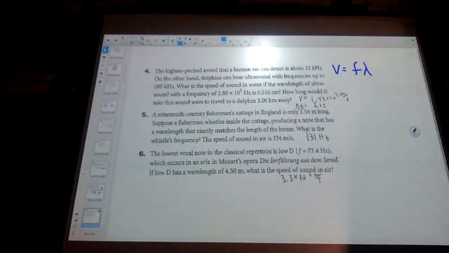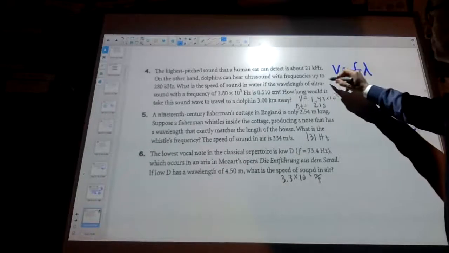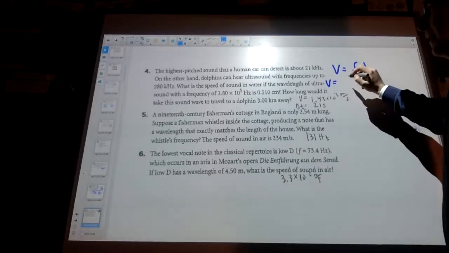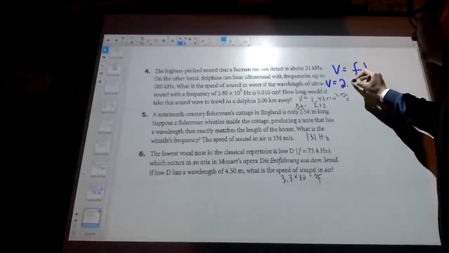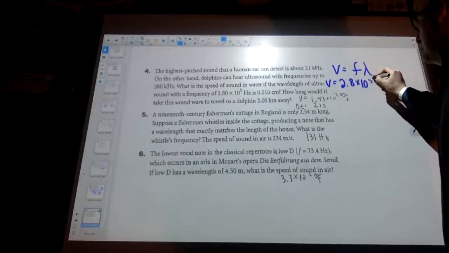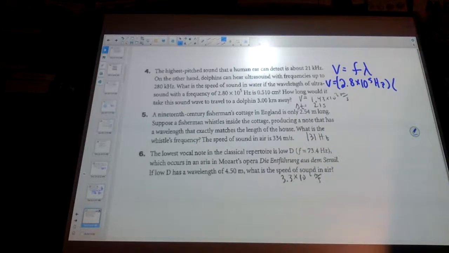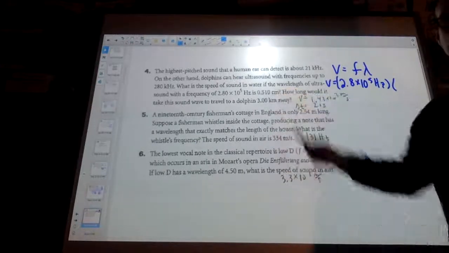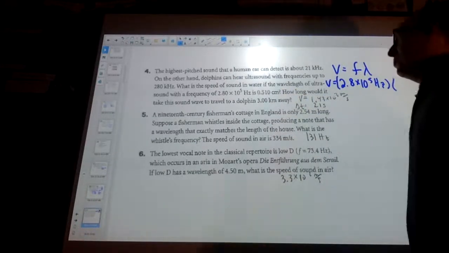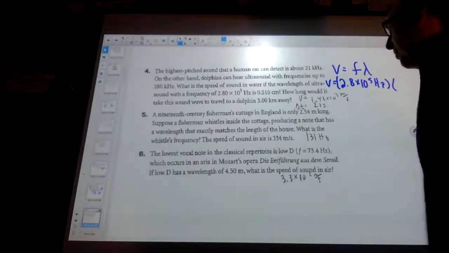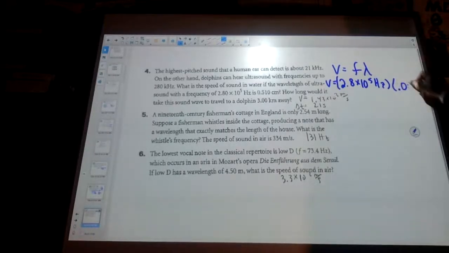First, our velocity is going to be our frequency times wavelength. We're saying that our frequency is 2.8 times 10 to the fifth hertz. And we're saying that our wavelength is 0.51 centimeters, which would be 0.0051 meters.